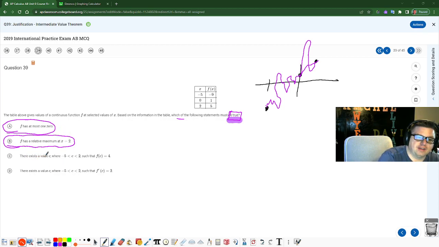There exists a value c. All right, now hopefully this should be ringing a bell. IVT. Remember, if it's continuous and we start at one value and go through the other value, and we know this is down at -9 and this goes up to 5, we know we have to go through all of these values. Now, could we do this in a straight line?